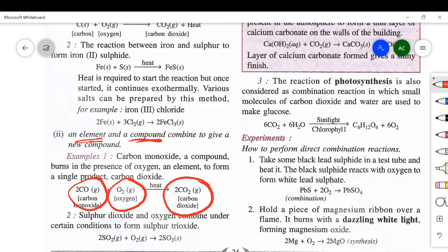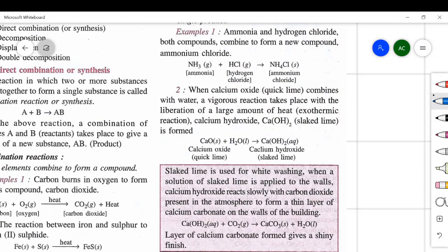So here what is happening? One element is combining with one compound to give another compound. Look at the other example. Sulfur dioxide is a compound combining with element oxygen to give sulfur trioxide.